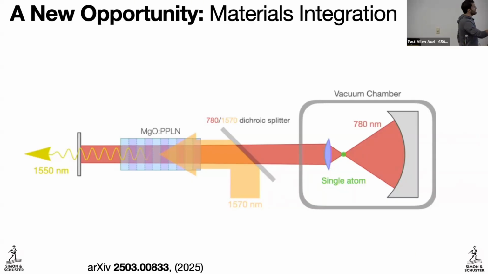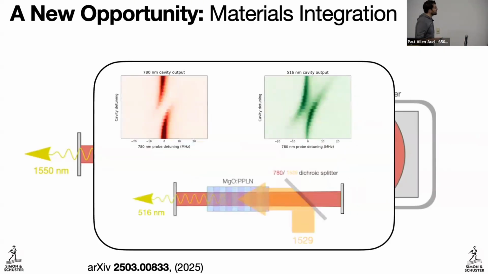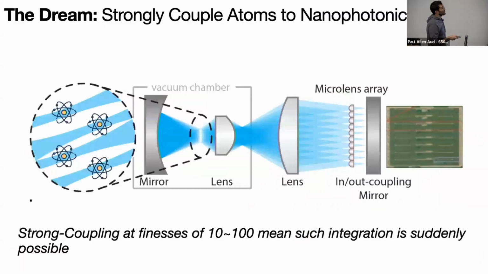You probe your cavity at 1550. You get reflections and transmission at 1550, but the atom speaks 780. So we have some fun results playing in that space. We're also working closely with Amir to couple these cavity arrays with very high resonantly enhanced fiber coupling to arrays of nanophotonic devices.